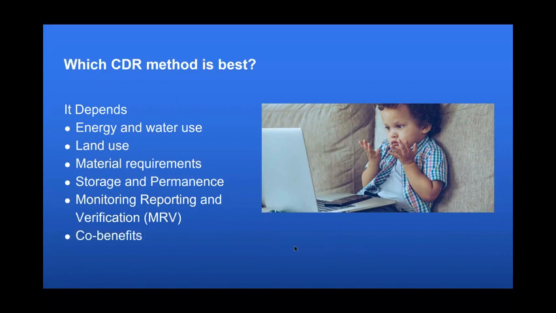And then each may have co-benefits or co-risks that come with it. And ultimately, the best CDR method may be very location dependent. What's applicable in Sonoma County might be totally different from what's applicable in Australia or in Asia or in different geographies around the world.